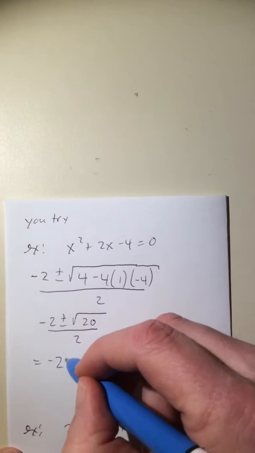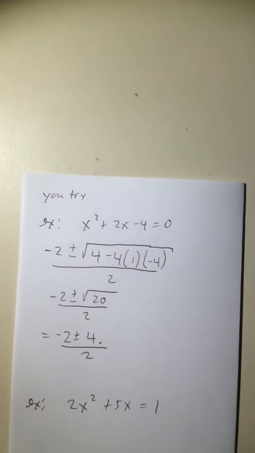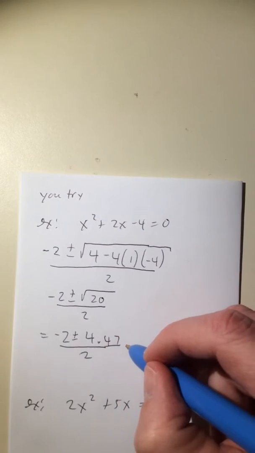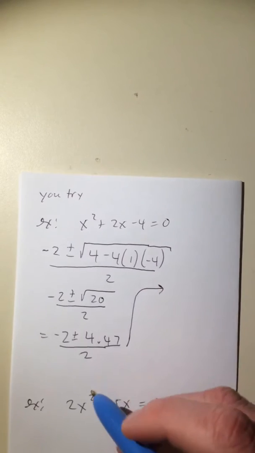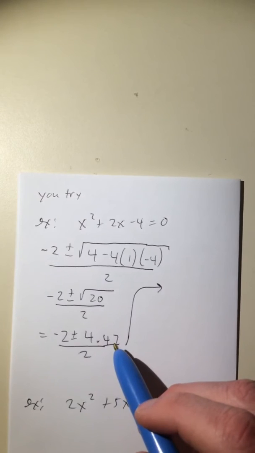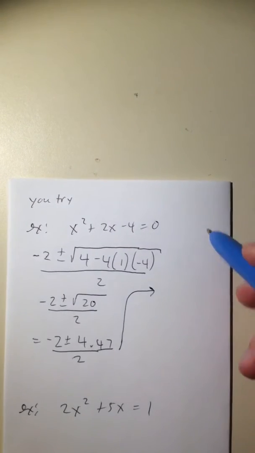And we know that the square root of 20 is 4 point something. So we'll take the square root of 20 over here. And we have 4.47. And then we just do our two little calculations here. Negative 2 plus 4.47 is 2.47 divided by 2. So 2.47 divided by 2 equals 1.24.